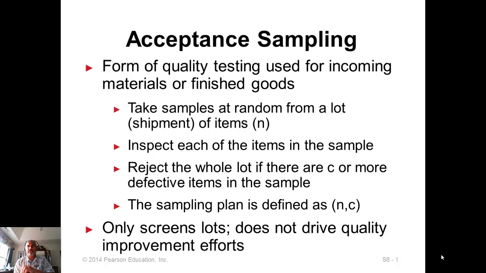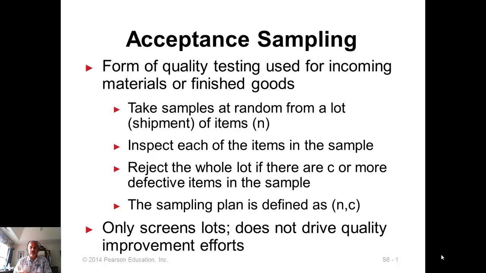So one way of going about this is to inspect each and every part, keep the ones that are good, and throw away the bad ones. Okay, that's 100% inspection. But this 100% inspection sometimes is not done for a couple of reasons. One is if inspection requires you to destroy the part.